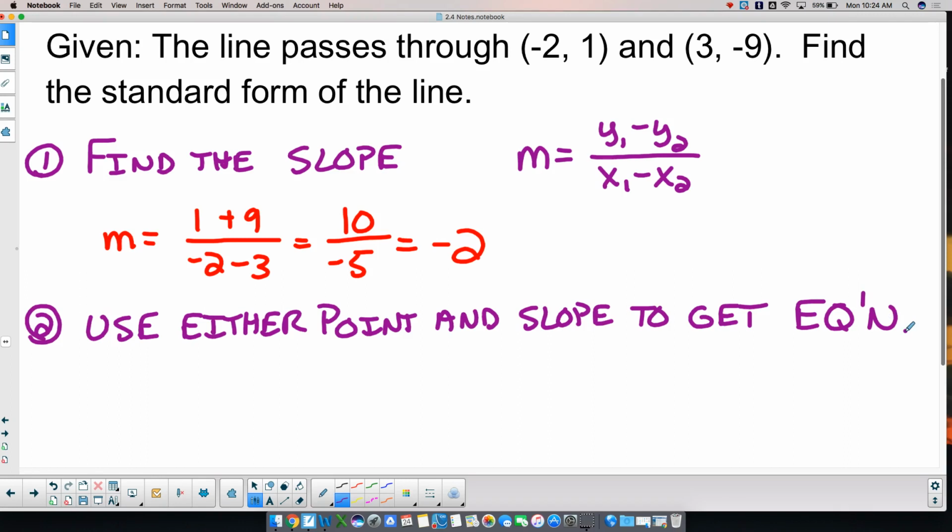Okay, so you're going to use either one of those 2 points and the slope to get your equation. I will do it using both of them. Okay, so y minus y sub 1.